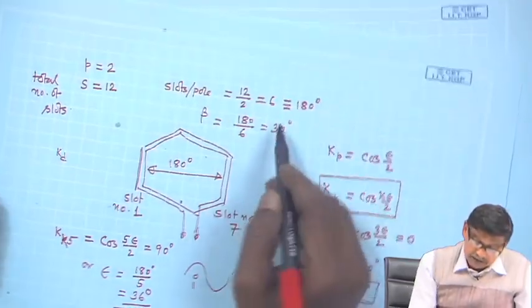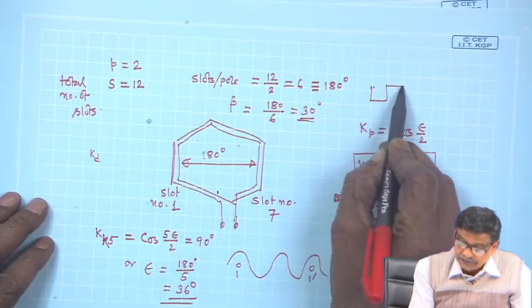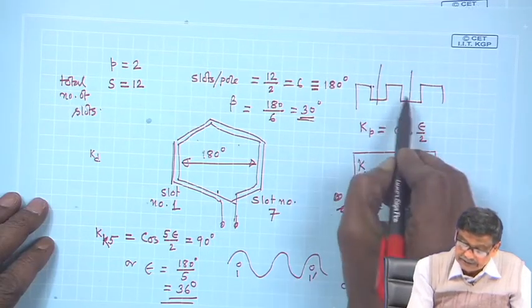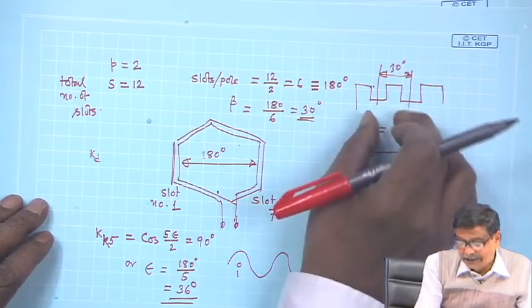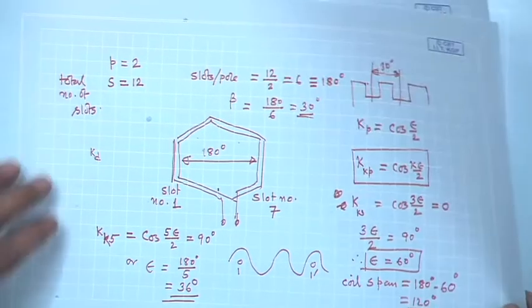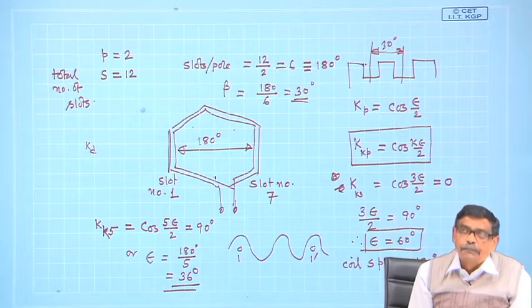So the angle between two consecutive slots is 30 degree, and for this machine it is 30 degree pitch for all the slots. If epsilon is chosen 36 degree, then the fifth harmonic component of the voltage will be totally nullified, it will not appear across the coil.